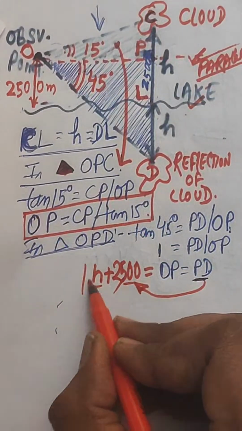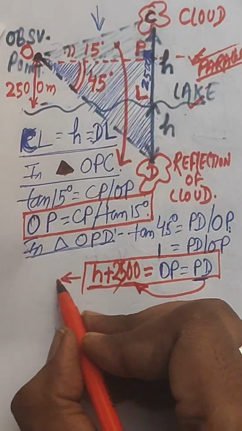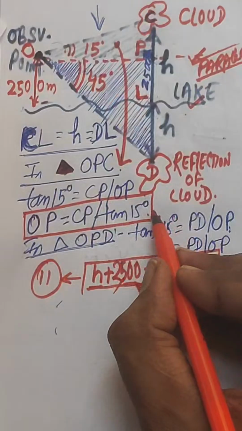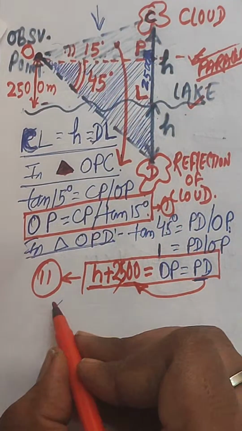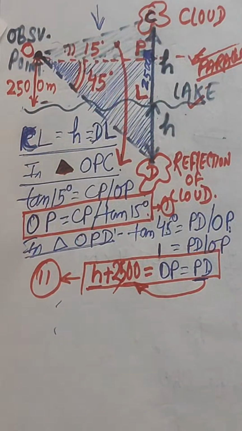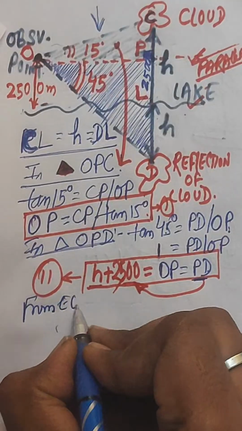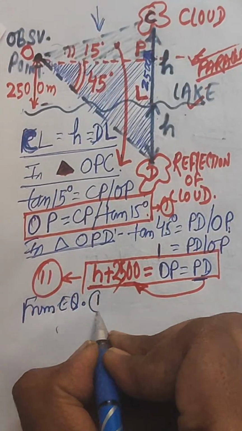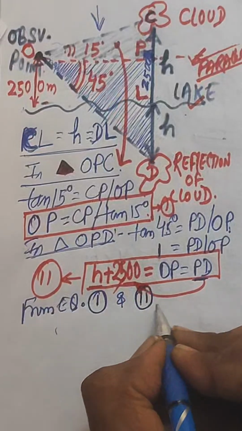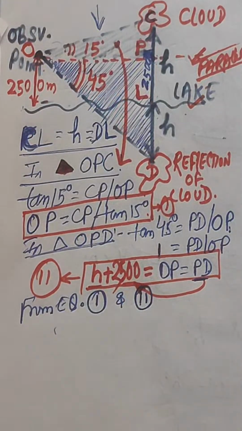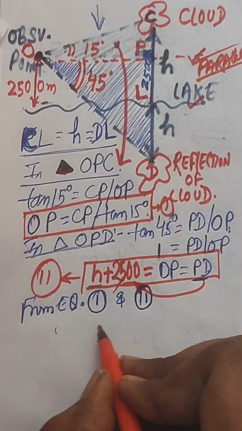So we can say if this is equation number 2 and earlier we have equation number 1, so we can say that from equation 1 and 2, these two equations, we equate OP.